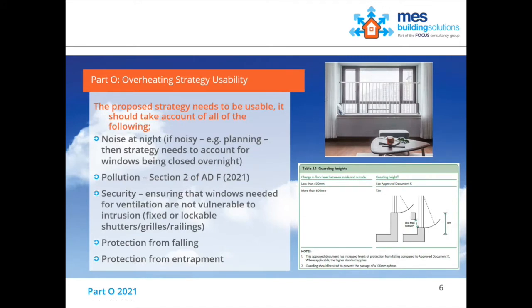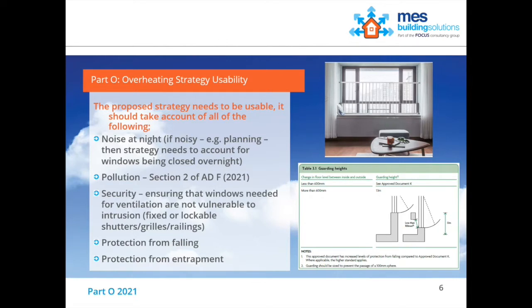So I mentioned as well some of the criteria that we have to meet: obviously we have to make sure that we're protecting the safety of the occupants of these buildings, and also that we are ensuring that they can enjoy the amenity of their residence. So when we're coming up with our overheating strategy, we have to make sure that it takes into account a number of different things.